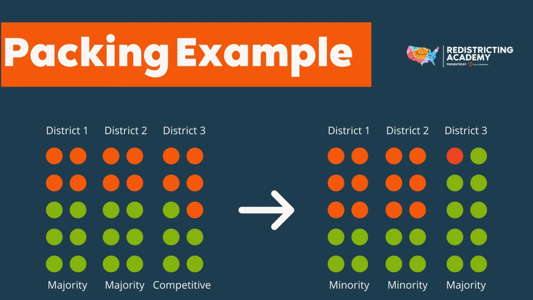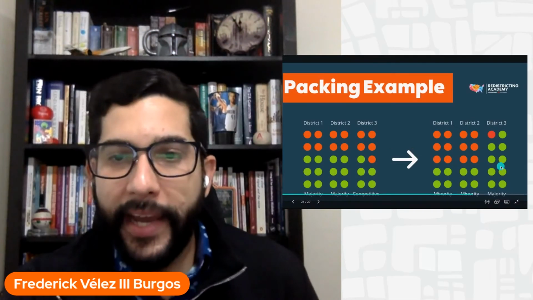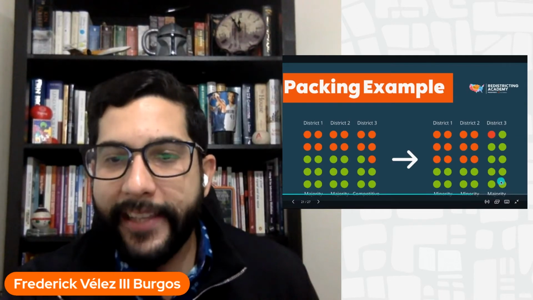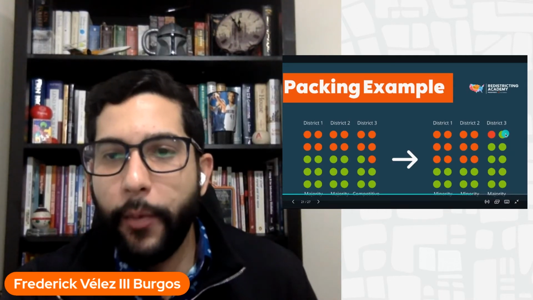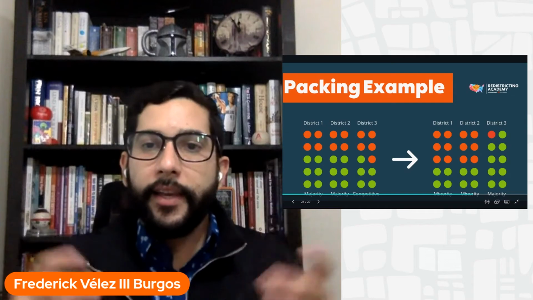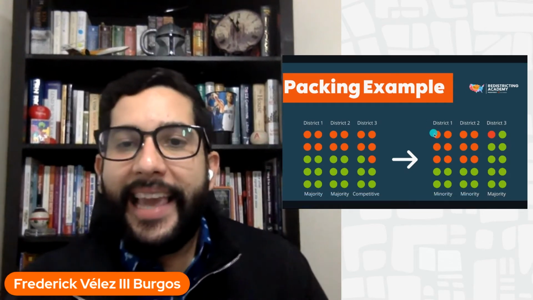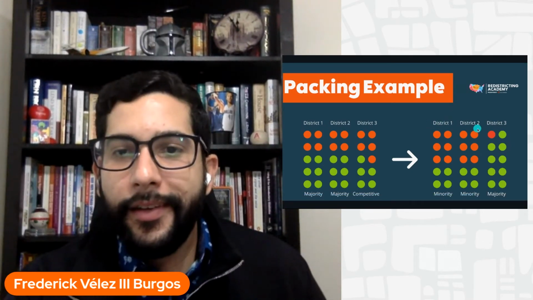So if one party wanted to unfairly give an advantage to the orange dots, or the orange party in this case, what they can do, as you see here on the right-hand side, is that they pack as many people as they can in one district, thus sacrificing that district, but then they gain two districts.